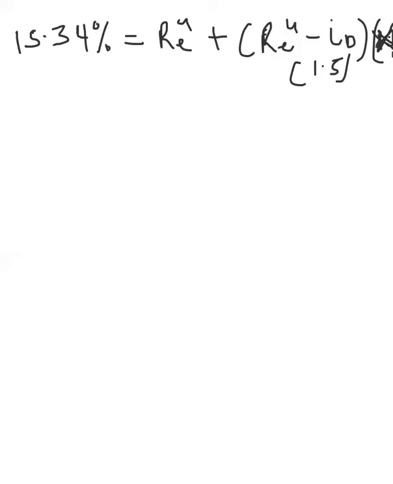Now, if I multiply this expression by this one, I'll have 2.5 REU, right, equals to... Then I multiply ID, but I already know that ID is 6%.